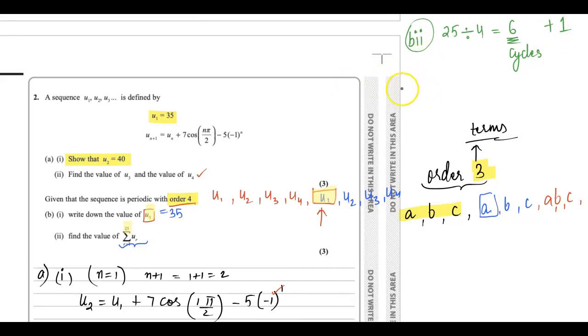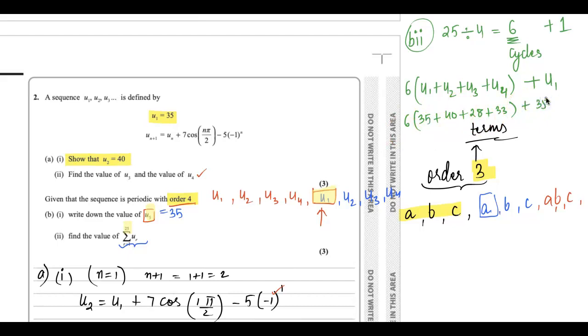So it would be 6 times u1 plus u2 plus u3 plus u4, because it's order 4, and then plus u1. Let's substitute all the values. Use a calculator. u1 was 35, u2 was 40, u3 was 28, u4 was 33. The sum times 6, plus 35.